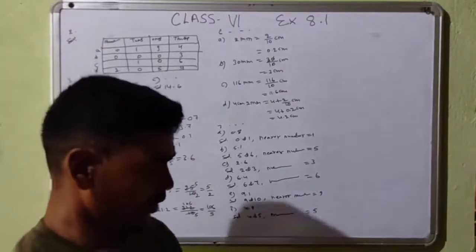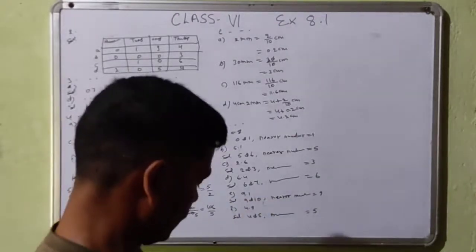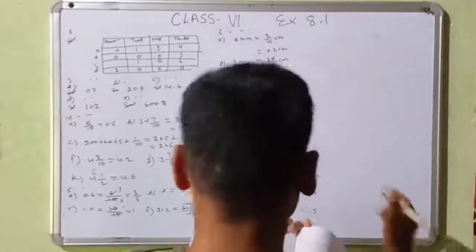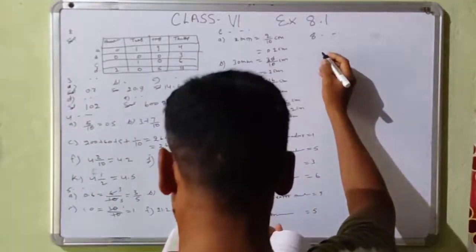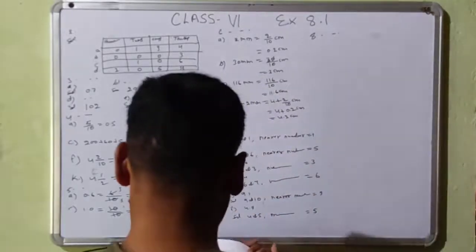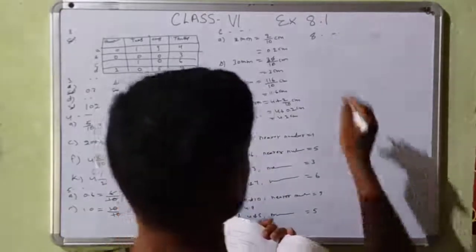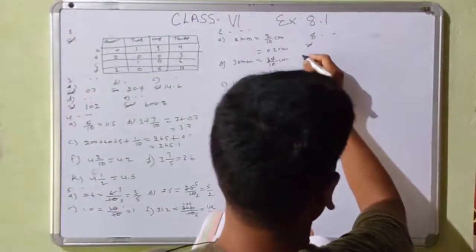Question number 8. Show the following numbers on the number line. So 8th question. You will do the whole part on the same number line. Solution.